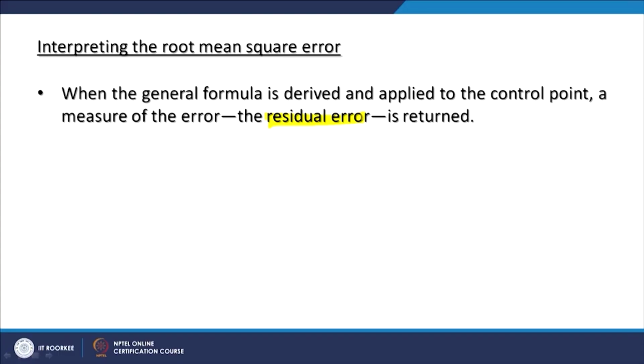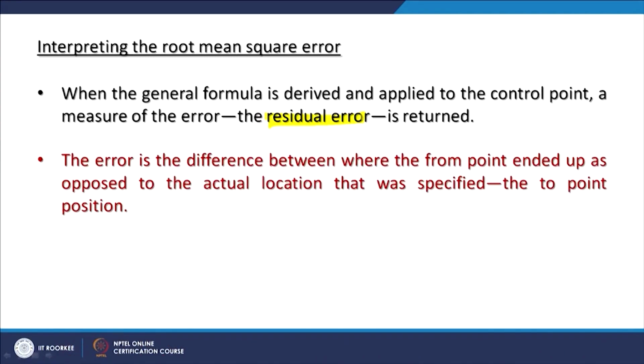As soon as you realize that point number 2, say, has a large residual error compared to other points, and therefore your total root mean square error is coming out bad, you can remove number 2 and recollect at a different location, or maybe at the same location but with more care. The error is the difference between where the point ended up as opposed to the actual location, that is, the point position.